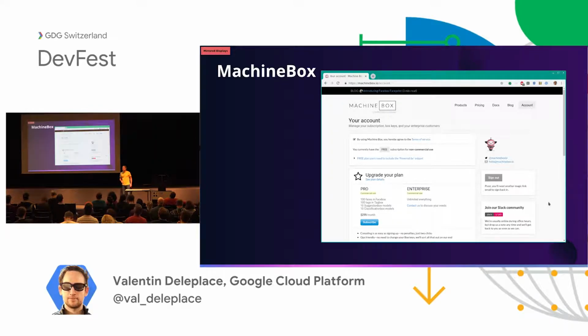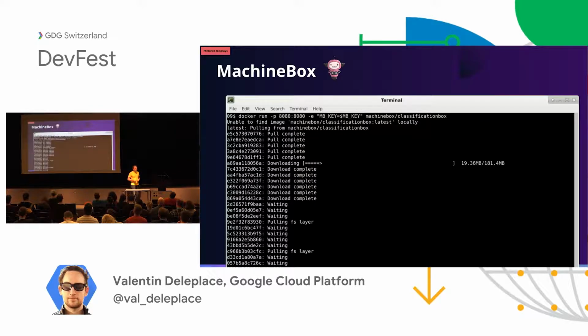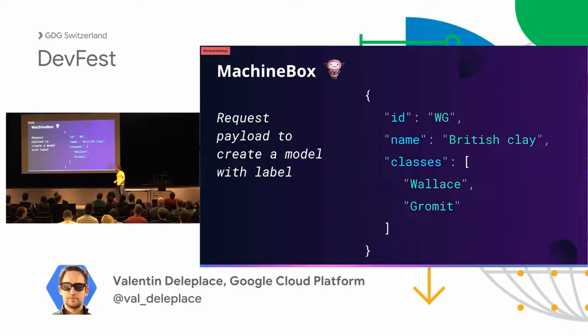You go to the website, you create an account, you get an API key, and then it's no more a web UI. It's a service that runs locally on your workstation in a Docker container. So first it pulls a few data to build the Docker image, and then everything happens locally in this container.